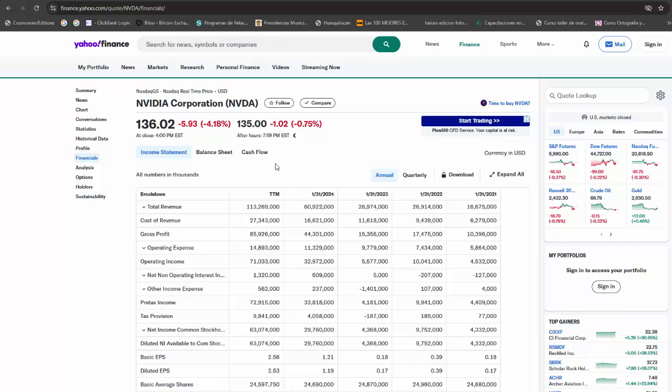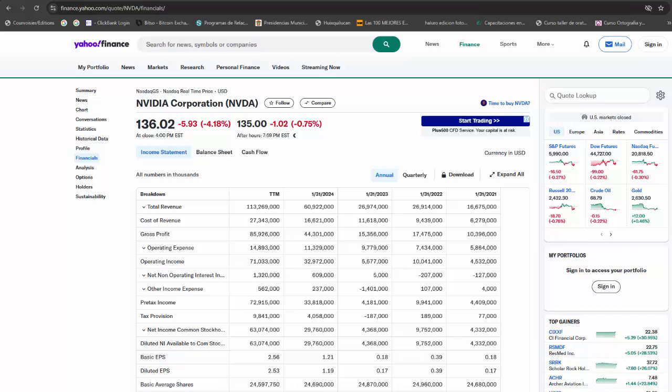So if we talk about revenue, the first thing that you will see is that Nvidia has grown its revenue from around $16.7 billion back in 2021 to $113.2 billion in the last 12 months. This is what TTM means. So that's in terms of revenue.